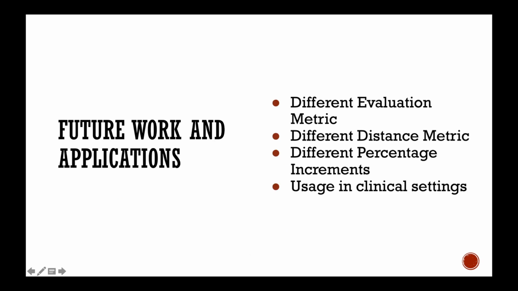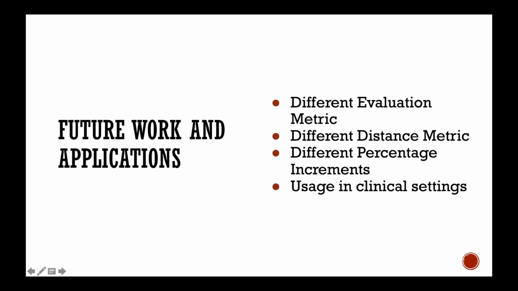Clustering is still a relatively new concept to LBD, and therefore it has a lot of future trajectories. Something else to test the effectiveness of LBD is to use a different evaluation metric. So instead of using Raynaud's disease and fish oil, something else could be used. There could also be a different distance metric used, so the co-occurrence matrix would be different.